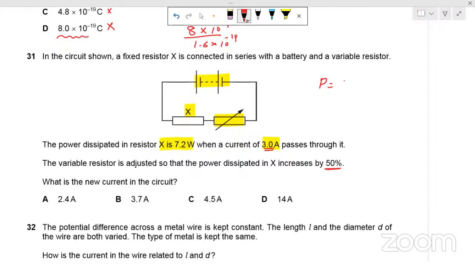We will use I square times R. We will try to find this resistor X first. So the power is 7.2 watt, I is 3, times resistance is X. So find X from this equation. That is 7.2 divided by 9.